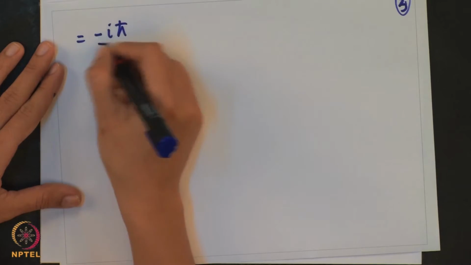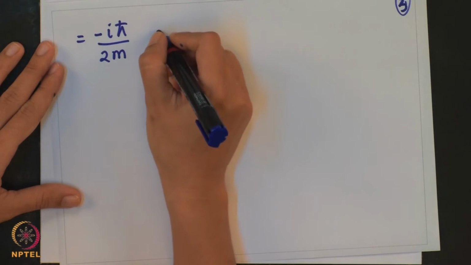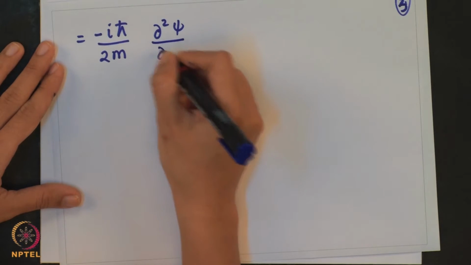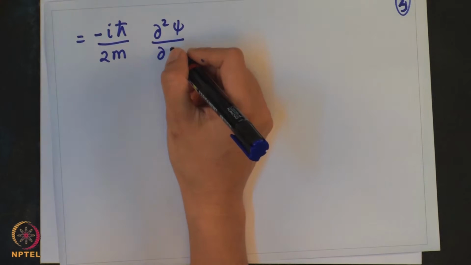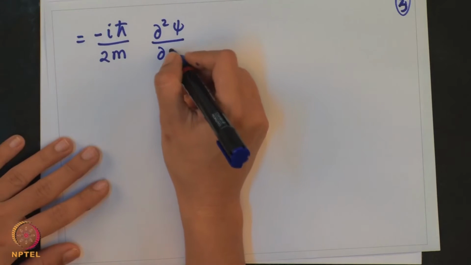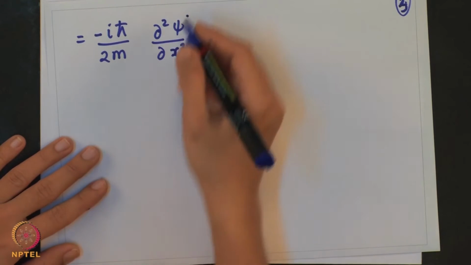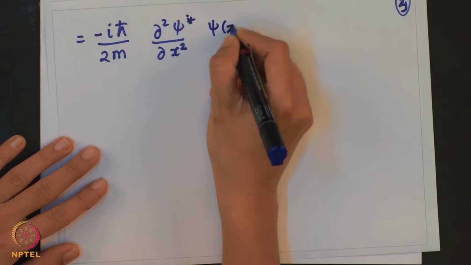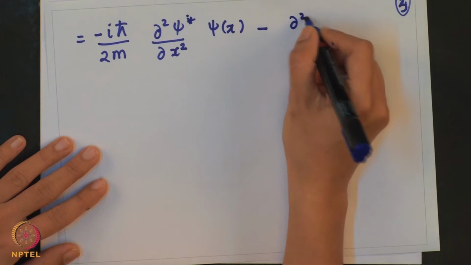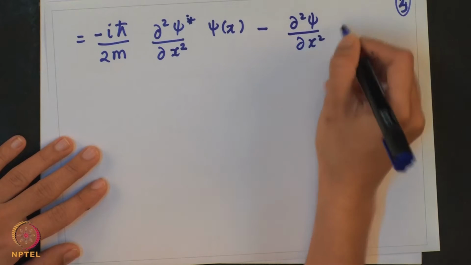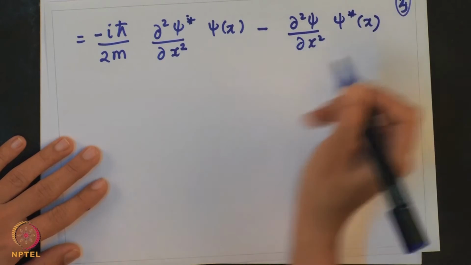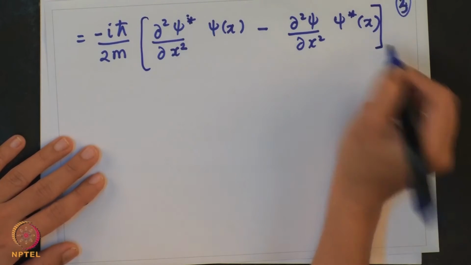So I can simplify this as i h cross upon 2m, then I had d square psi by dx square. First term will be with a star, psi star of x, minus d square psi star by dx square psi of x. This is what I have.